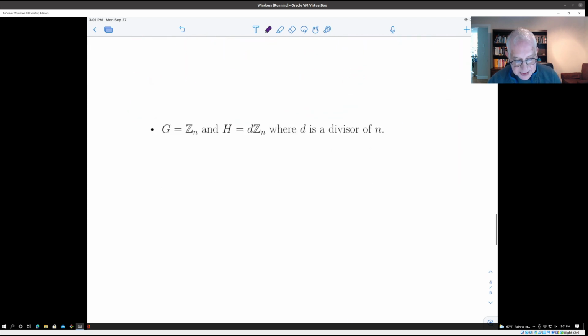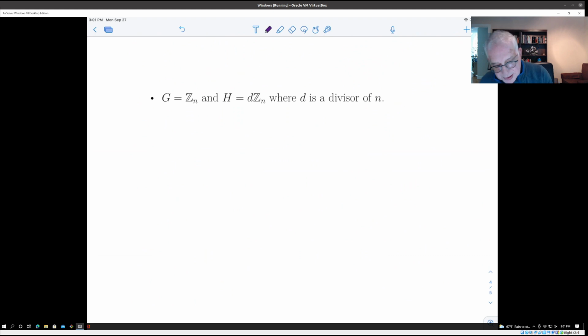Let's look at another example, but again working with the integers. Suppose instead we started with G is Zn. Again, I'm going to assume n is bigger than or equal to 2. And suppose that d is a divisor of n.